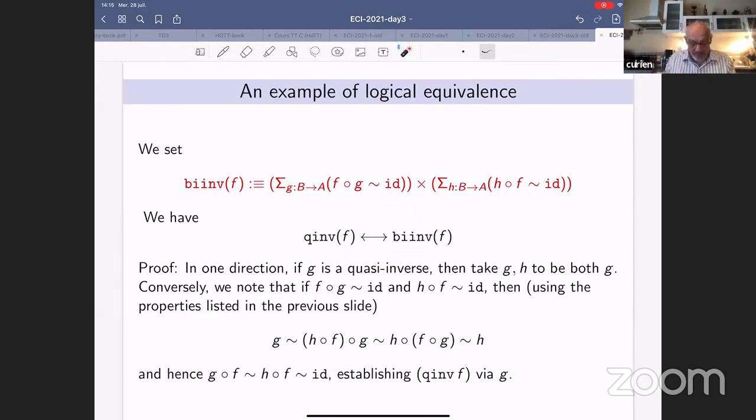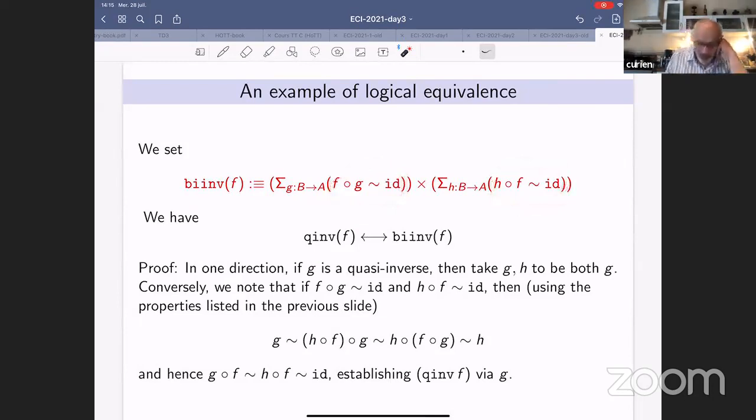But you see that a member, an inhabitant here or here, consists of several data. It consists of here just one inverse, and here two inverses, the left one and the right one, plus some other components which are the proof that this holds and the proof that this holds, for example, for ByInv.